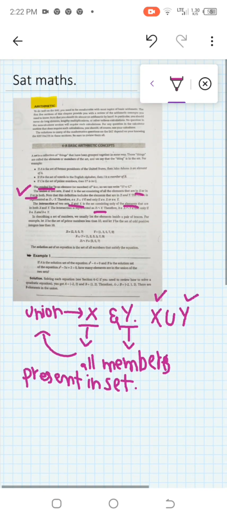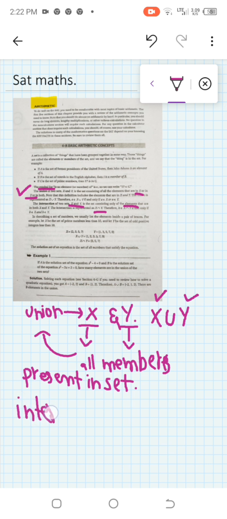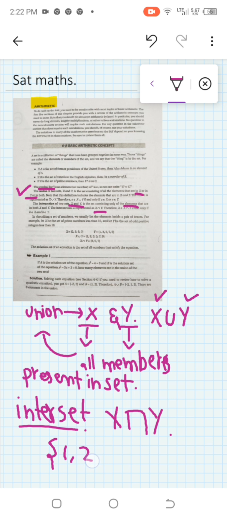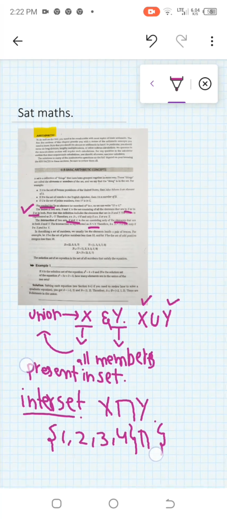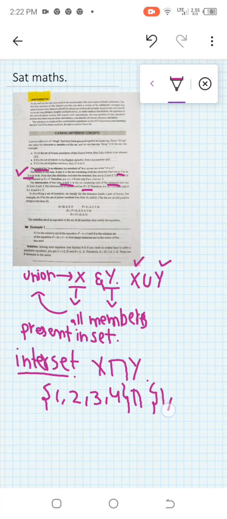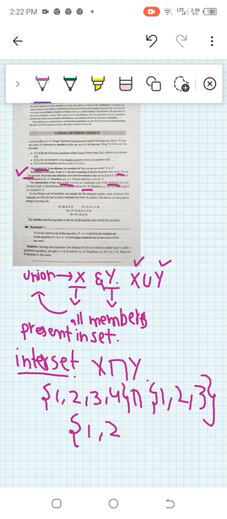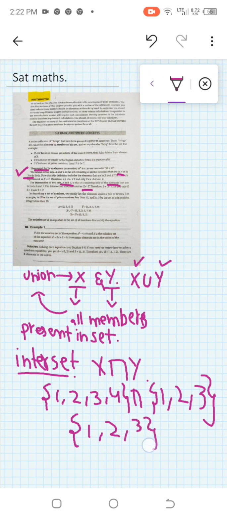So for example, we have X intersect Y. If the X set is 1, 2, 3, 4, and the Y set is given as 1, 2, 3, we have to find the common elements, the members which are present in both sets. Here the answer will be 1, 2, and 3 because these three are the members present in both sets. So this is the intersect.